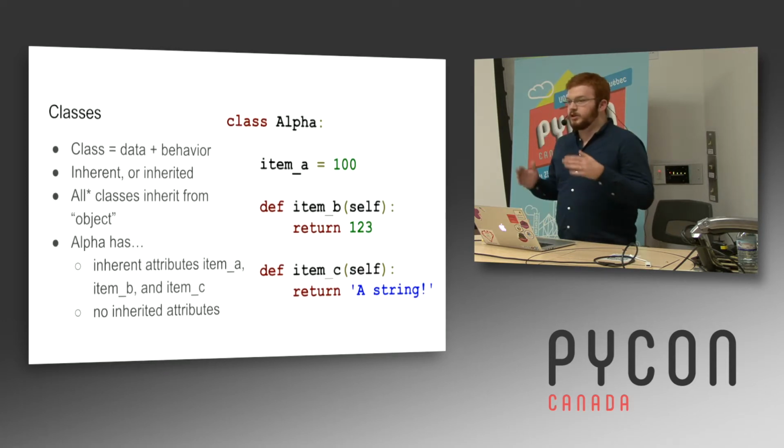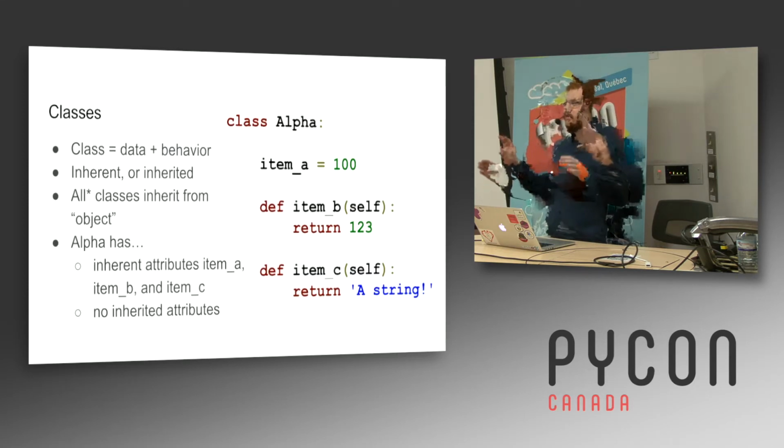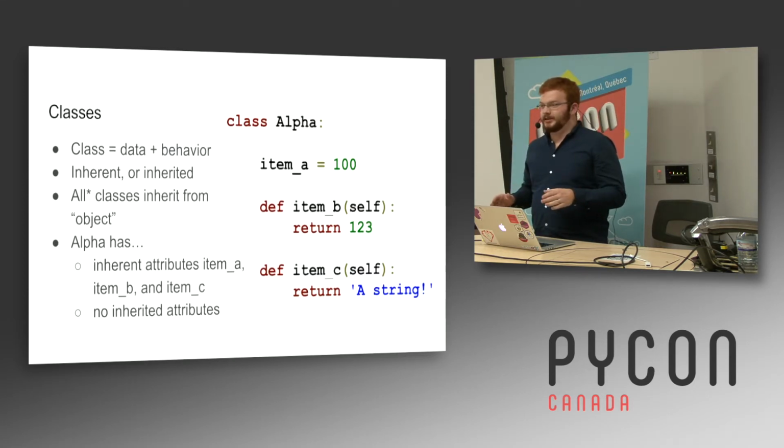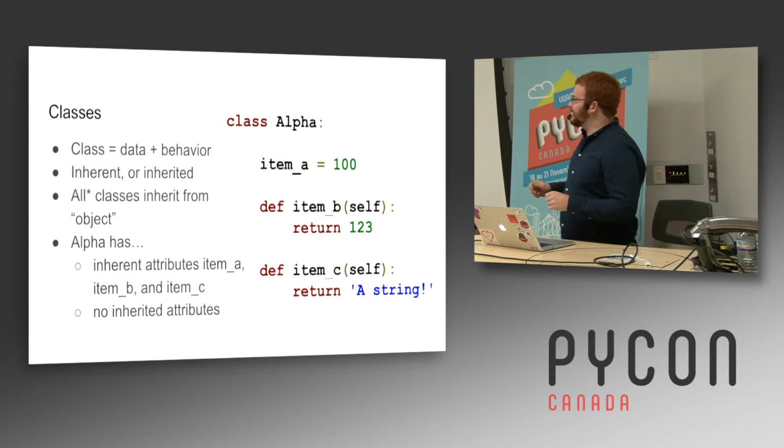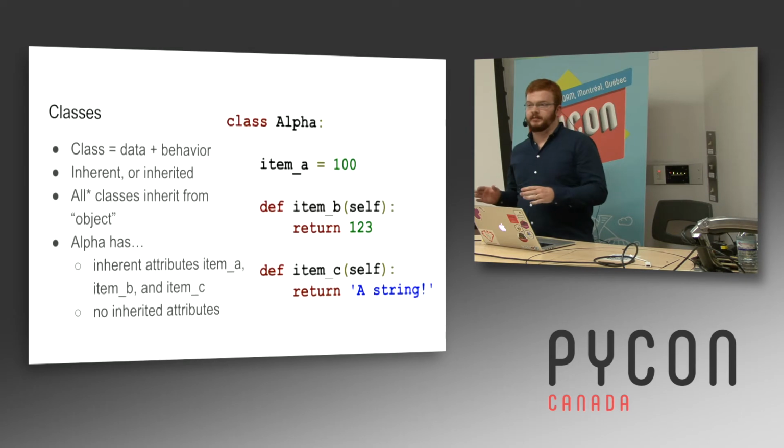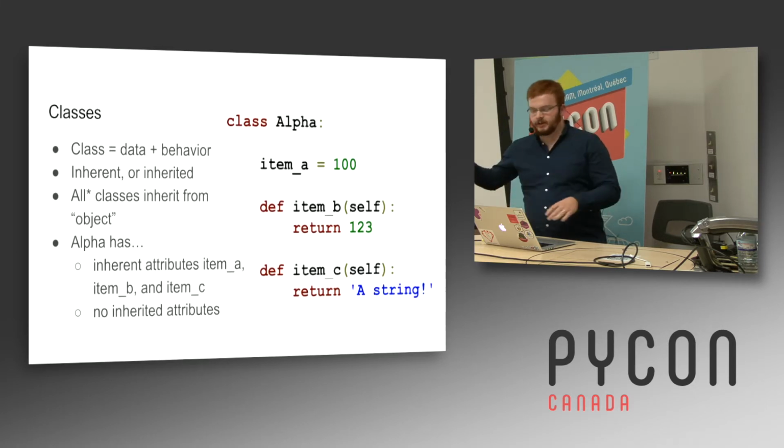All new style Python classes, which should be pretty much all the classes you're using, since you're all on Python 3, inherit from the base class object, which provides certain built-in behaviors. We're not really going to be touching what those are, so we're just going to pretend for a minute that what we have on the screen is all we have.